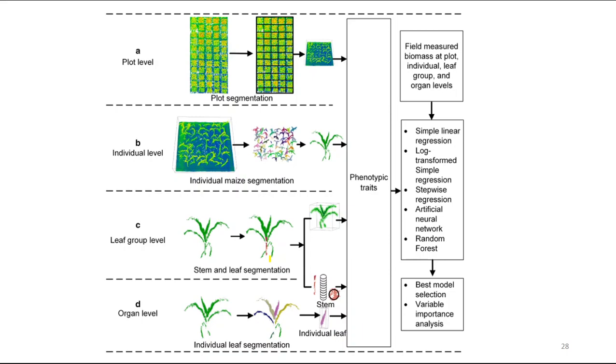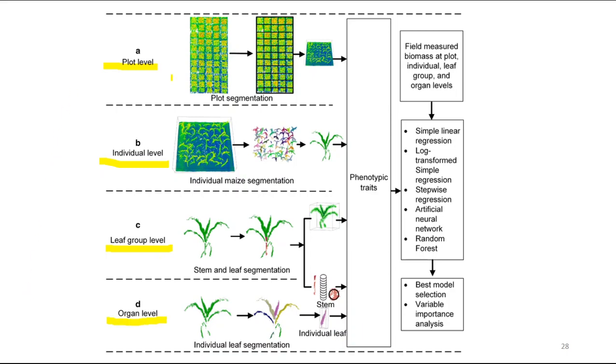For our point cloud or 3D model of the crop, we have applications at different levels. One is from a broad view, the plot level, then down to the individual level or leaf group level, and the final one is the organ level.